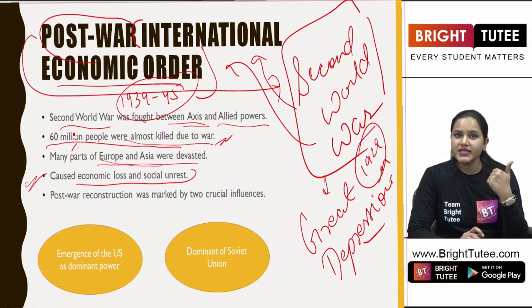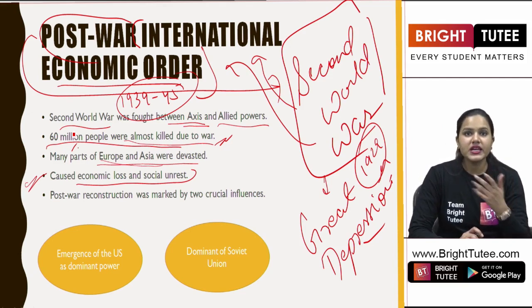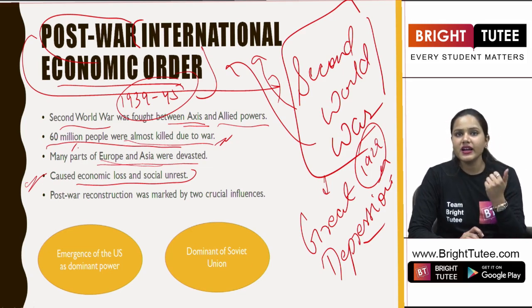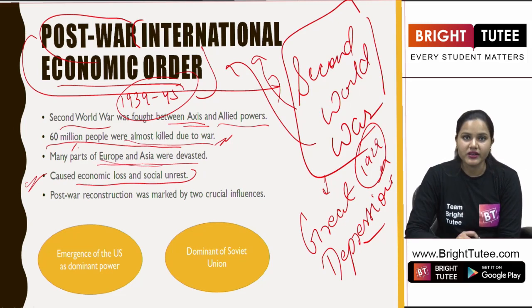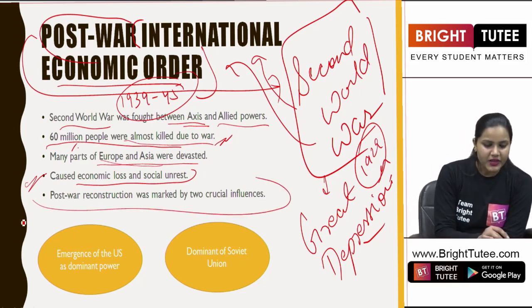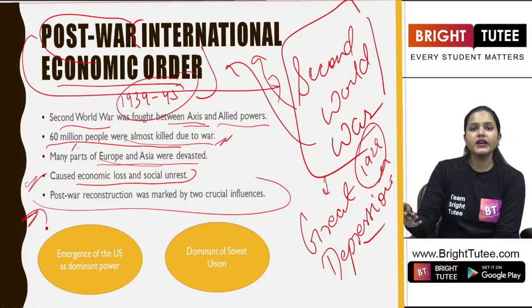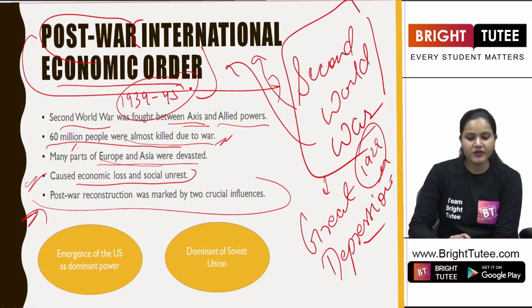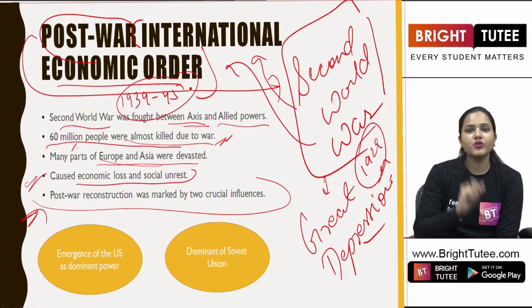There was economic setback, social unrest, political unrest, and people did not know how to stabilize that and how to recover from that. And we see that the post-war reconstruction period after 1945 was marked by two crucial influences.